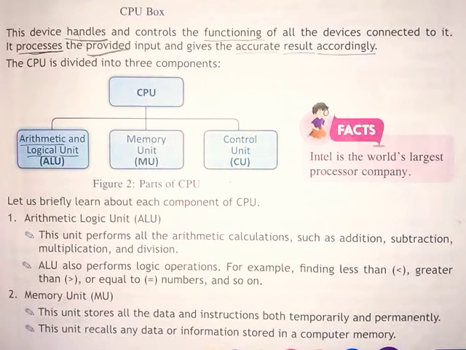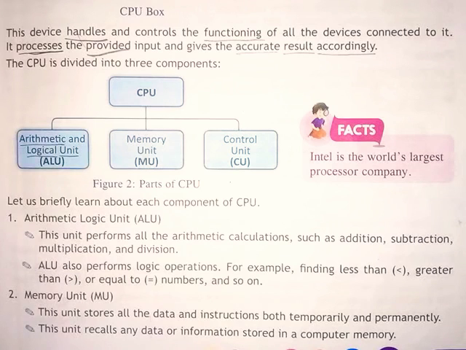It processes the provided input and gives the accurate result accordingly. The CPU is divided into three components: arithmetic and logical unit, ALU; memory unit, MU; control unit, CU. Let us briefly learn about each component of CPU.